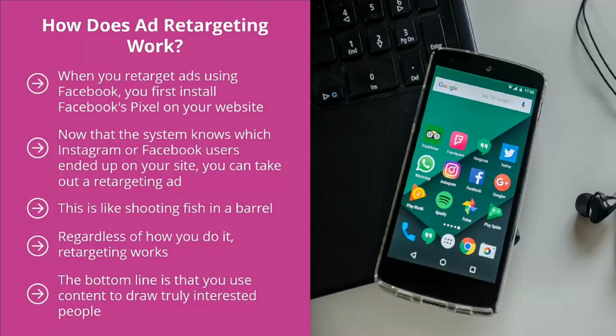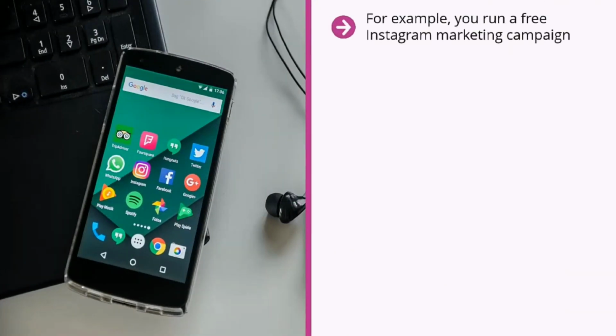But you have to set up your retargeting in such a way that only people who go past the initial page of your website are retargeted. For example, you run a free Instagram marketing campaign. You post reverse-engineered content on your account to build up a following. Enough people like your content so they click on your profile page and they see a link to a really useful article. They click through and they end up on an article, and Facebook Pixel is paying attention to them.